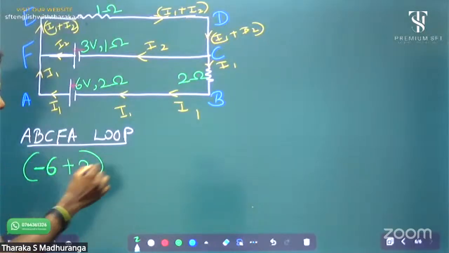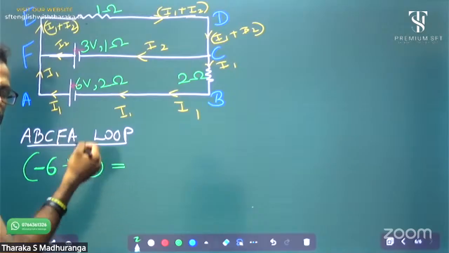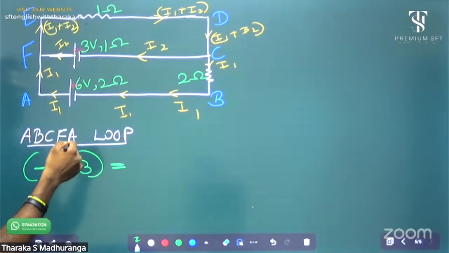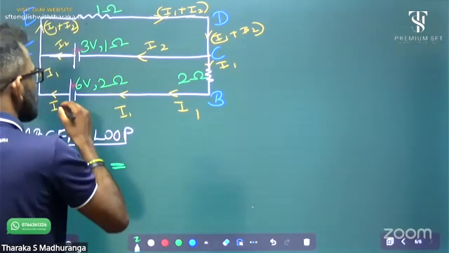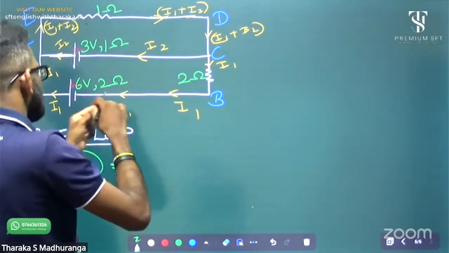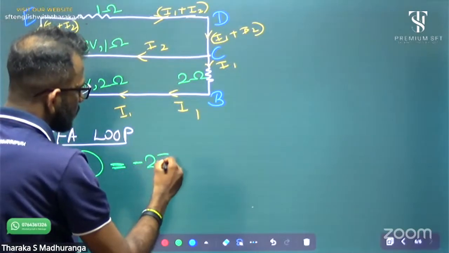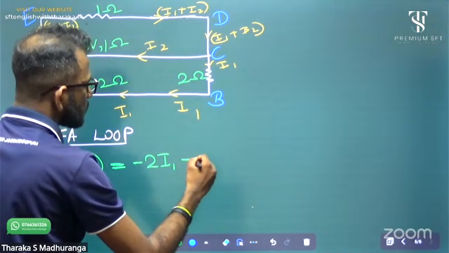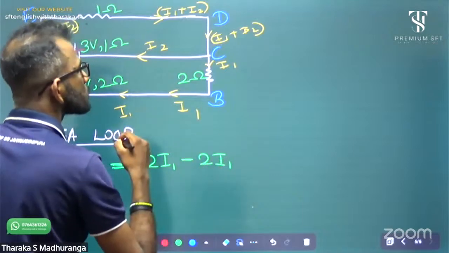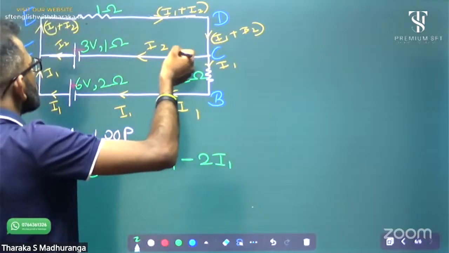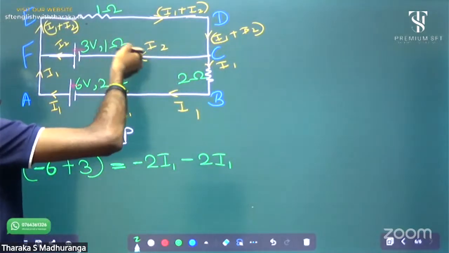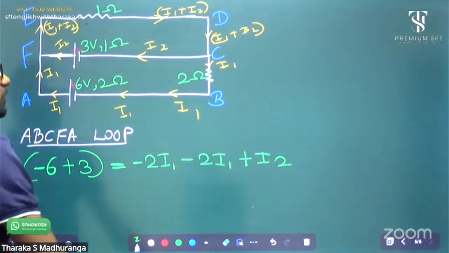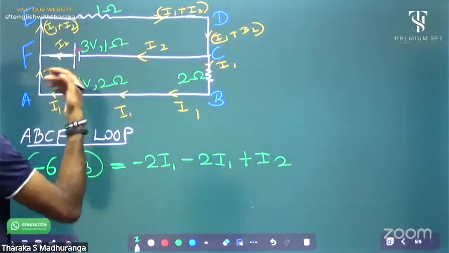The summation of electromotive force is equal to the net IR multiplication. For 2I1, my direction and current direction are opposite, therefore minus 2I1. Again minus 2I1. In the middle section, my direction and current direction are the same, therefore plus I2, with no other resistance.